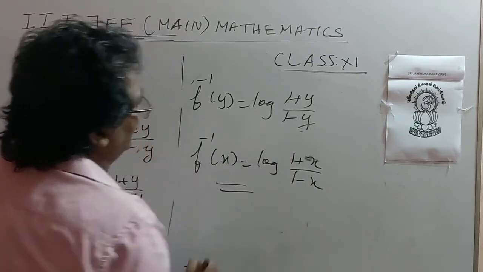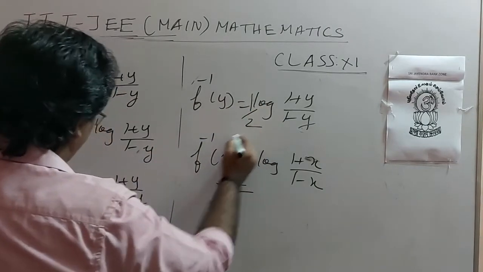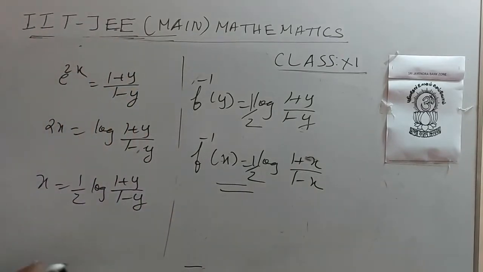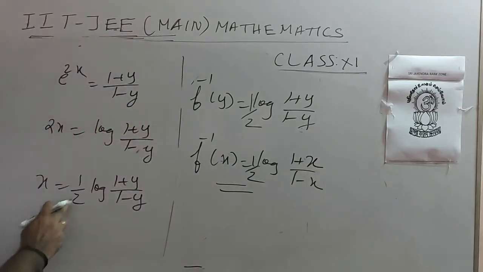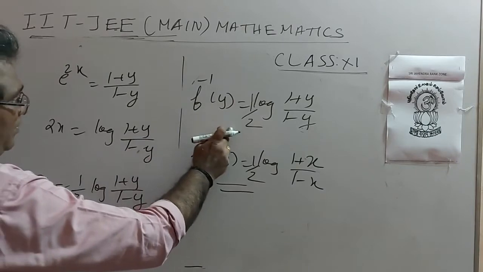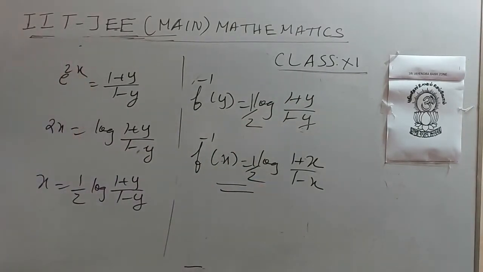This is the required function. In place of x, you can write f inverse of y equals 1 by 2 log of 1 plus y by 1 minus y. So f inverse of x equals 1 by 2 log of 1 plus x by 1 minus x.